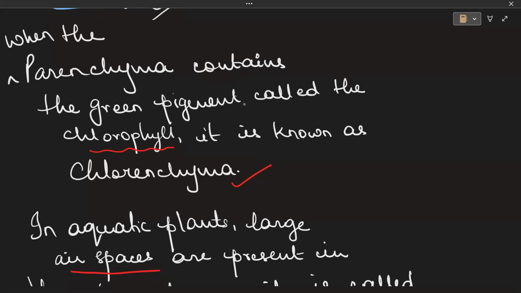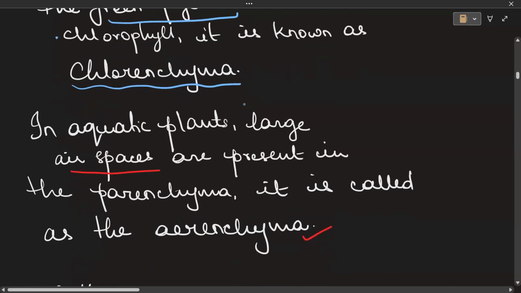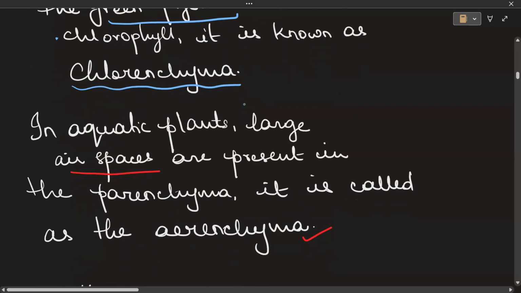When the parenchyma contains a green pigment known as chlorophyll, it is known as chlorenchyma, meaning chlorophyll-containing parenchyma. In the case of aquatic plants, the plants that live in water, large air spaces are present in the parenchyma.